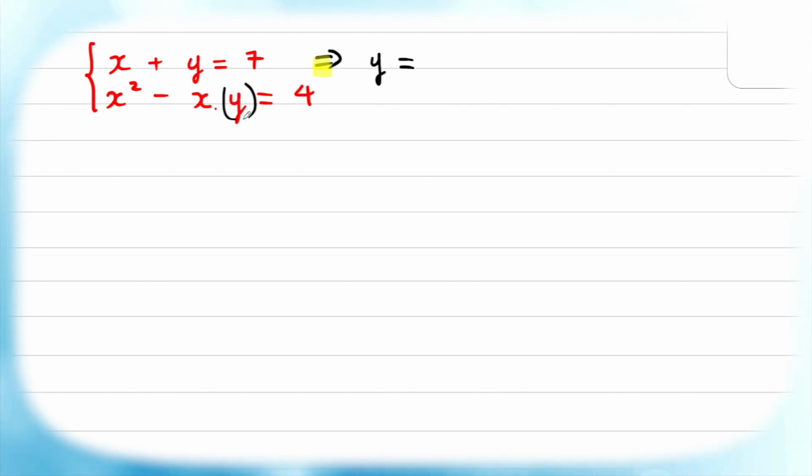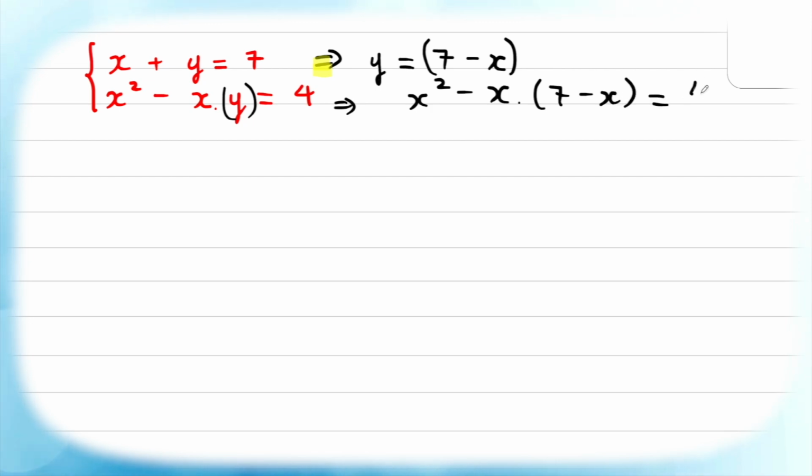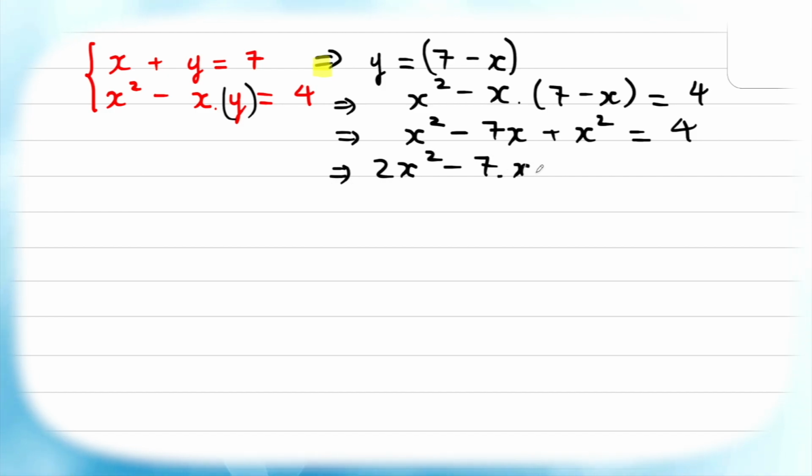When I make y the subject here, I don't need to use the perfect square anymore. y will be 7 minus x, and substitute this into the y position. x squared minus 8 multiplied by (7 minus x) equal to 4, and this will be minus 7x plus x squared equal to 4. So 2x squared minus 7x minus 4 equal to 0.